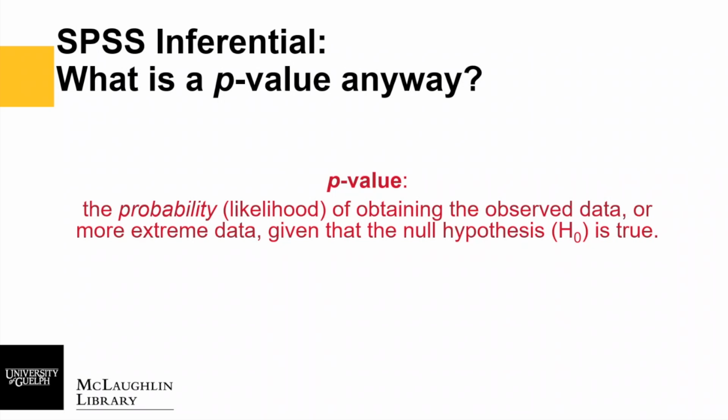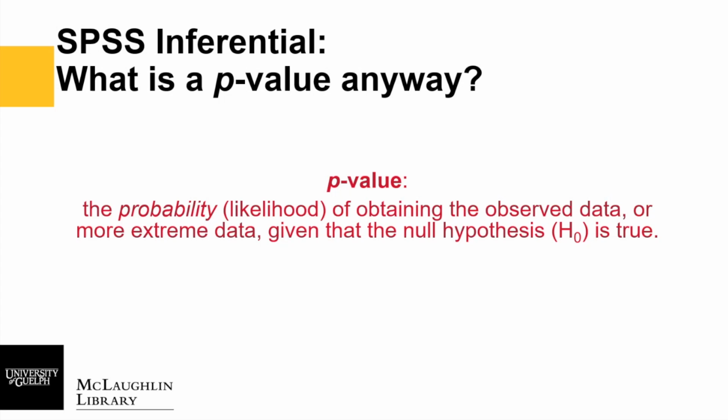And it's the probability of obtaining data, assuming that the null hypothesis is true, because we always come from a place that the null hypothesis is true. The null hypothesis assumes that there is no something: no difference between groups, no relationship between variables. Variables do not account for a significant portion of your model, etc. So with the null hypothesis, you are assuming that there's nothing, no change, no difference.